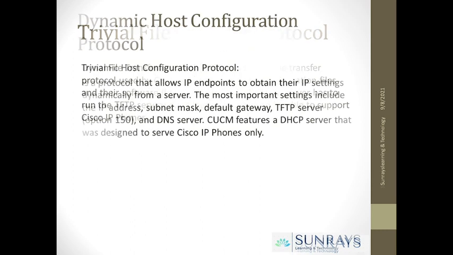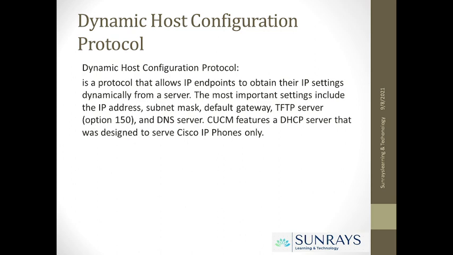Alright, and this is the dynamic host configuration protocol. This parameter we also have to define, and it's basically used to assign IP addresses to your phone. Suppose you have 5 phones, every phone is going to get a different IP address, along with subnet mask and default gateway.